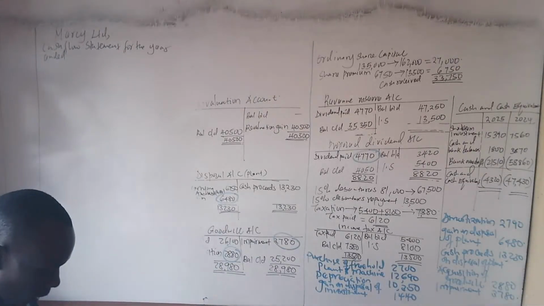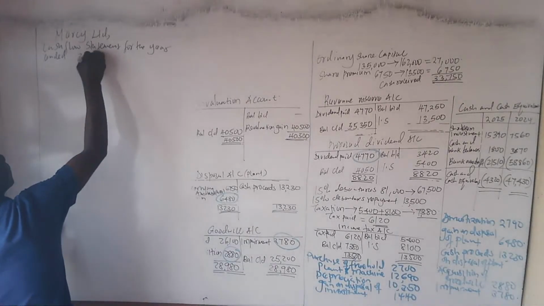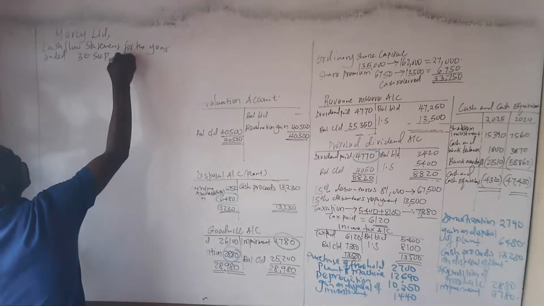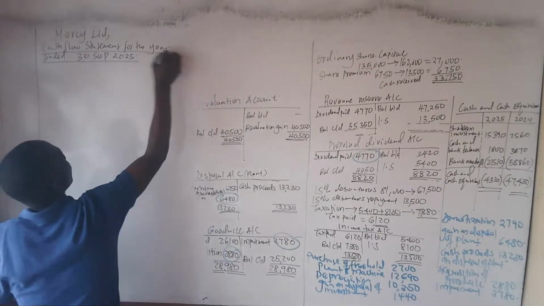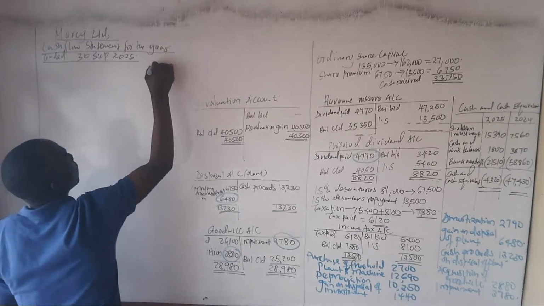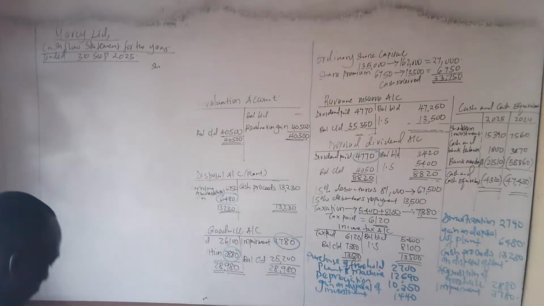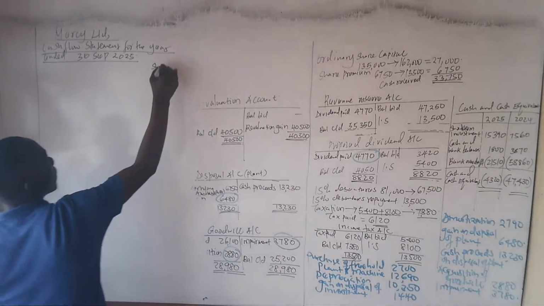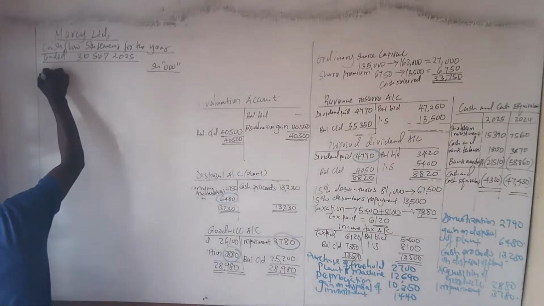Our year for this company was ending on 30th September 2025. That will be the heading. Then from there we present. The examiner has given the shillings in thousands.